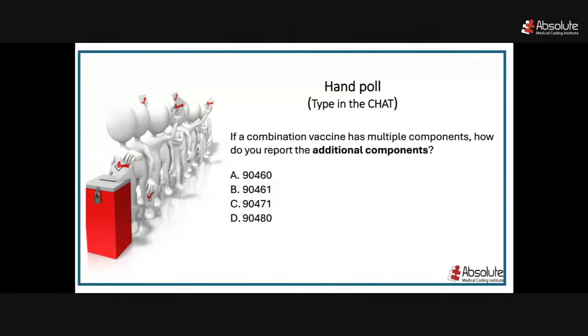Excellent job. Next question. If a combination vaccine has multiple components, how do you report the additional components? Do you use 90460, 90461, 90471, or 90480?